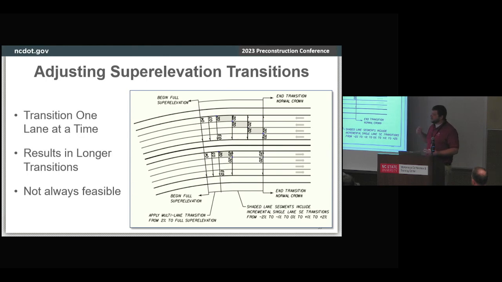As far as how we're going to show that on design plans and the constructability portion of it, we still have to work that out. But this is an option if people want to put it forward and come up with a way that it can be shown for contractors to build successfully. So if you have this idea and you want to tackle it on a project, then bring it to us. We want to see it. We're definitely trying to make this work.